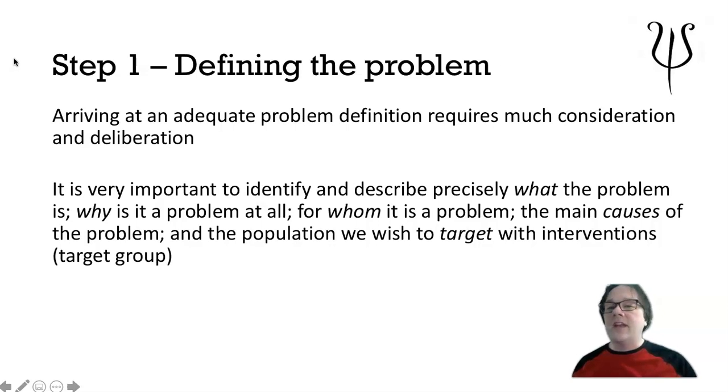Arriving at an adequate problem definition requires a lot of consideration and a lot of deliberation to try to really understand what it is we're dealing with. Often there's just a general feeling within a team of researchers or a community or an organization that there's a problem, and that something must be done, even though we're not really sure what exactly the problem is, right?